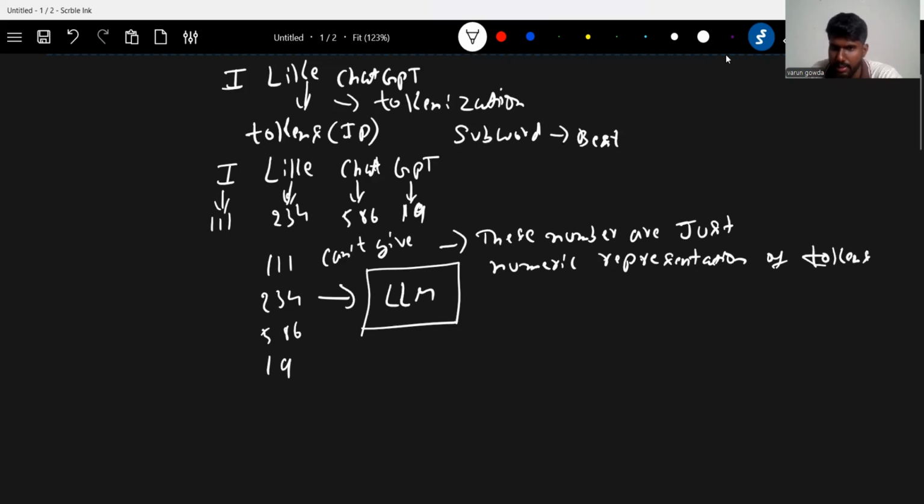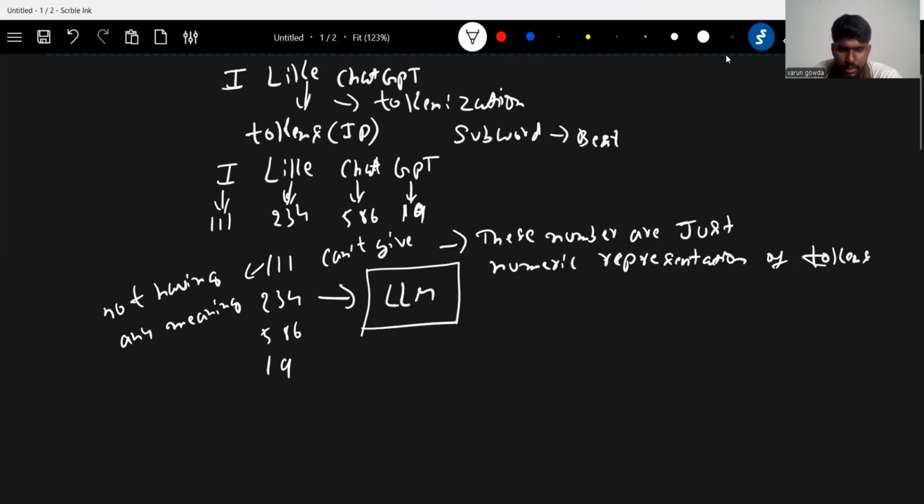We are representing each token, like "I", by 111. We are just representing the tokens with their token IDs. It's just a numerical representation. These numbers don't have any meaning.